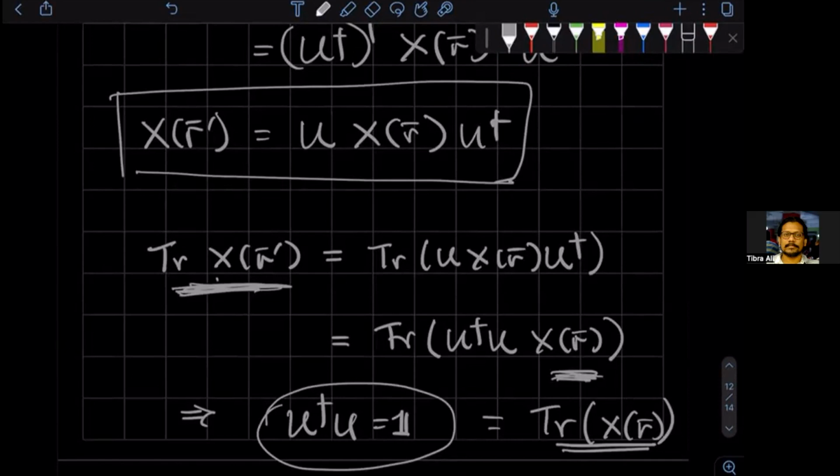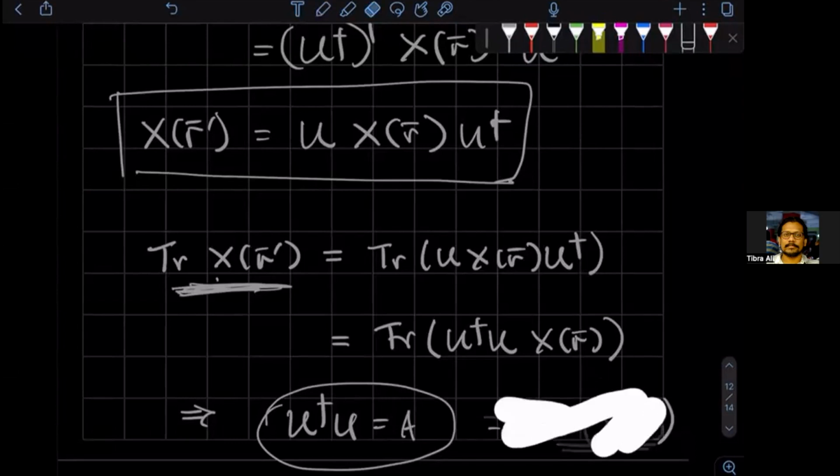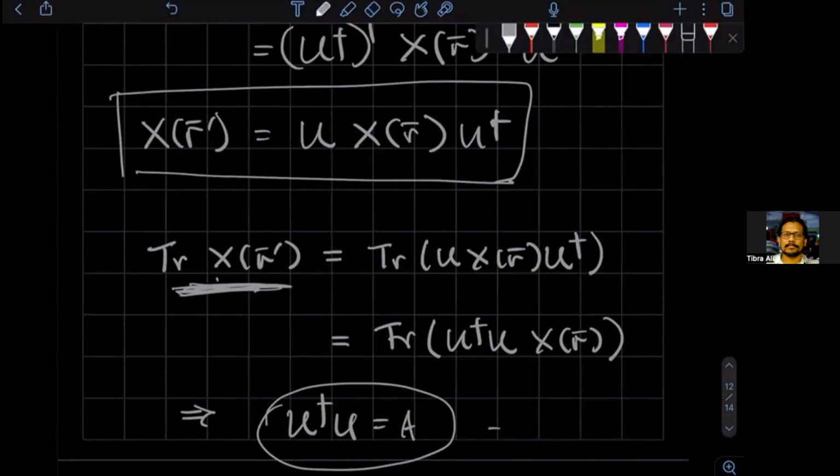If it's some other matrix, then there is no reason for it to be traceless, right? Then we will get a contradiction. Suppose that this was not 1, not proportional to 1, but some non-trivial matrix A. Then the right-hand side would become trace of A times X of R, right?